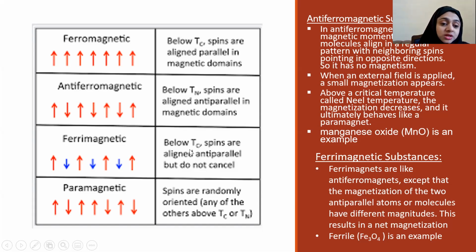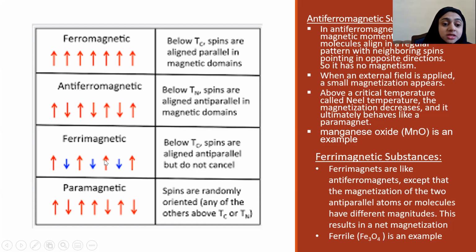So below Curie temperature, the spins are aligned anti-parallel, but they will not cancel. Why? Because the magnitude of magnetization in one direction will be less than that in the other direction. So they have a net magnetization in the direction of these spins.